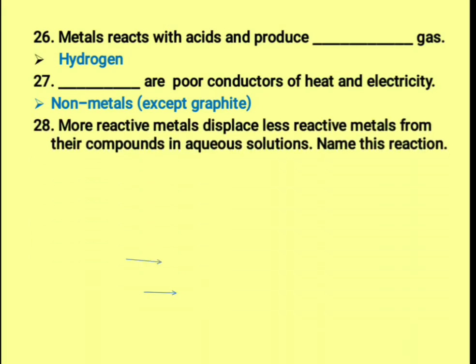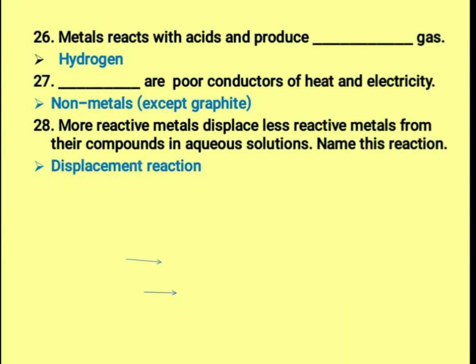More reactive metals displace less reactive metals from their compounds in aqueous solution. Name this reaction. If a more reactive metal is displacing a less reactive metal in aqueous solution, that reaction is called displacement reaction. This is already told in the video.